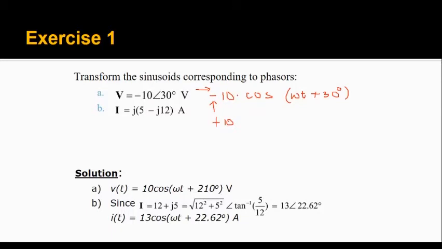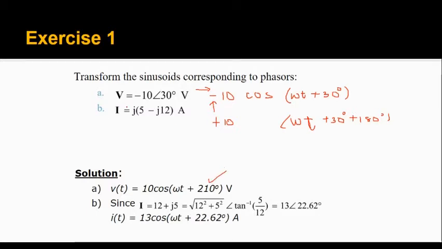So you write this down first as minus 10 cos omega t plus 30. Then only you change this minus cos to the positive cos, where you need to add 180 degrees. That's why in the solution you have 210.